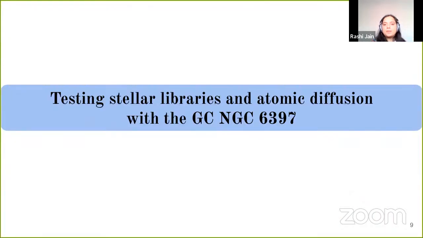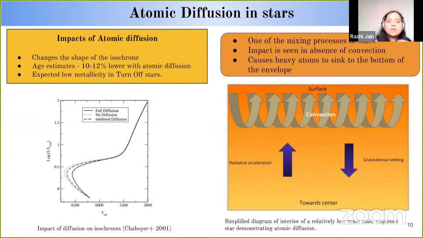So in this part of the presentation, I will show you how to use a globular cluster as a test case to compare the different stellar libraries and to understand various processes that go on within the interior of stars, using the case of NGC 6397.